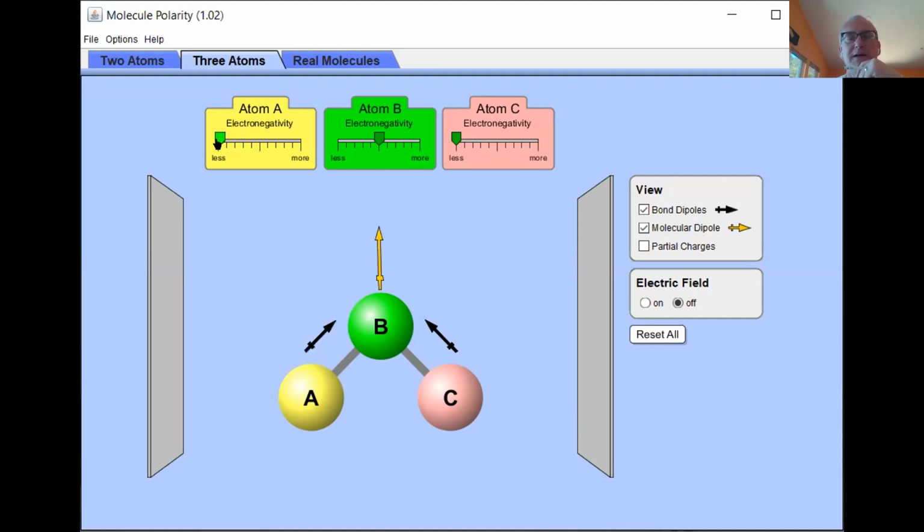What happens to the bond dipole when A becomes more electronegative? It moves, right? What do you think's going on there? The same thing happens if I change C to be more electronegative. The molecular dipole moves in that direction.